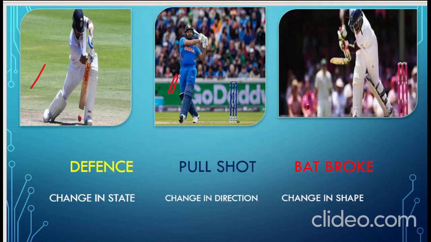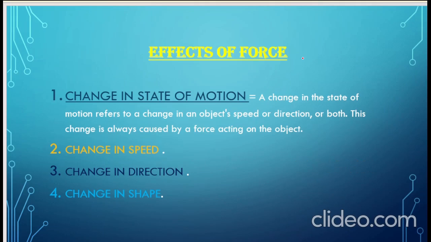And in the third figure, Kumar Sangakkara tries to play a defensive shot, but the ball was so fast that it broke the bat. That is a change in shape of the bat. So in effects of force, you will see change in state of motion, change in speed, change in direction, change in shape of the object.